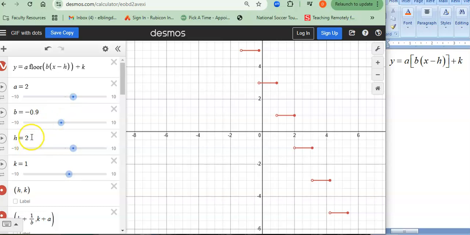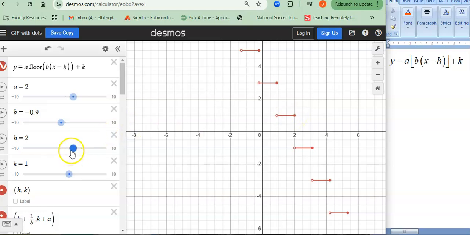And finally, H and K kind of have a similar set up or look to the h and k in a quadratic function that we wrote as x minus h in brackets. There's a fixed negative. So actually h being 2 would be written as x minus 2. And if you look at where x equals 2 is, and k equals 1, which is usually a y value, that corresponds to a filled in dot.